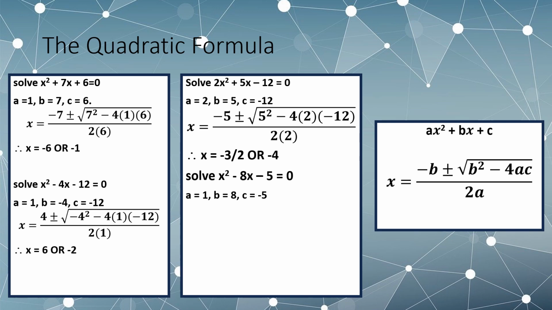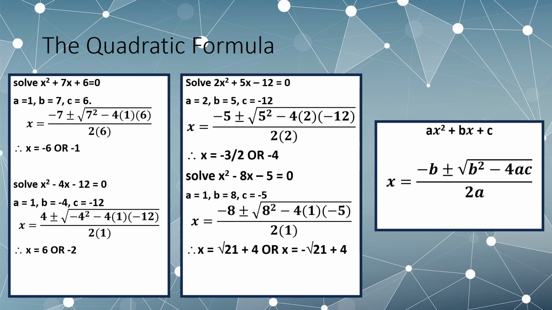So x is equal to negative negative 8 plus or minus the square root of 8 squared, subtract 4 multiplied by 1 multiplied by negative 5, over 2 multiplied by 1. Plugging that into your calculator, you'll get x is equal to square root of 21 plus 4, or x is equal to negative square root of 21 plus 4.